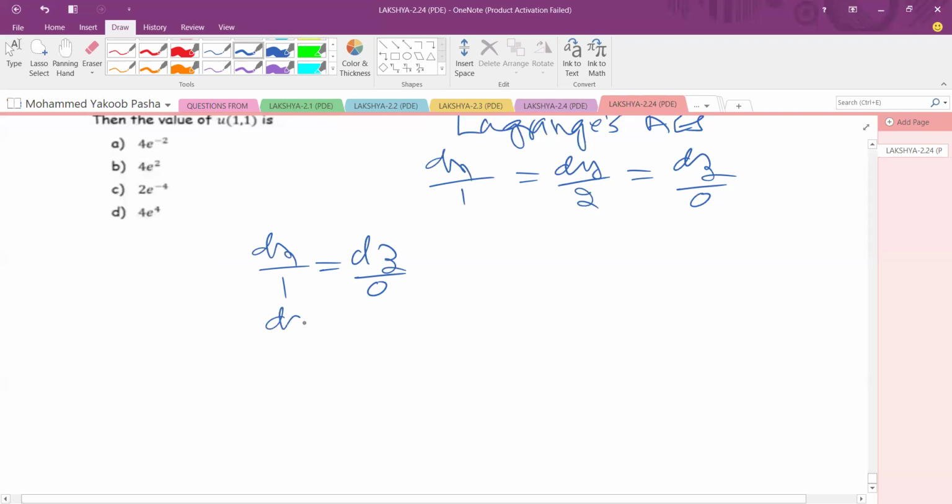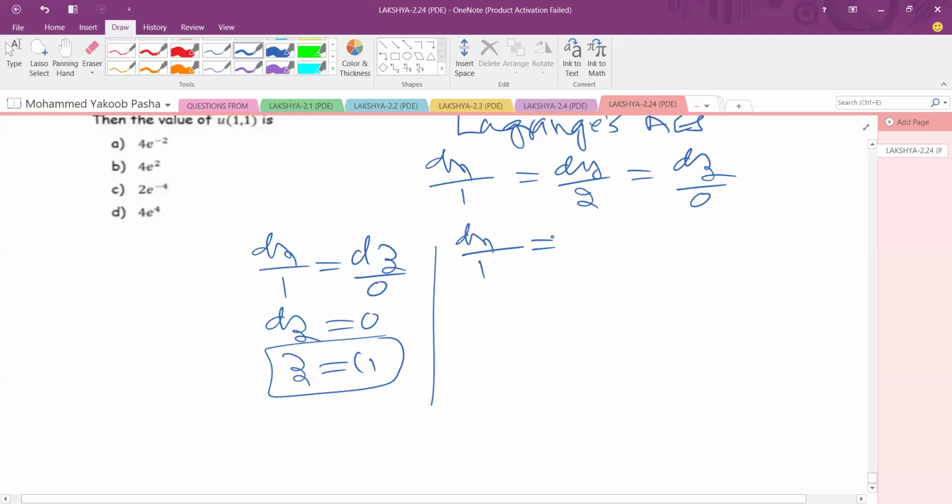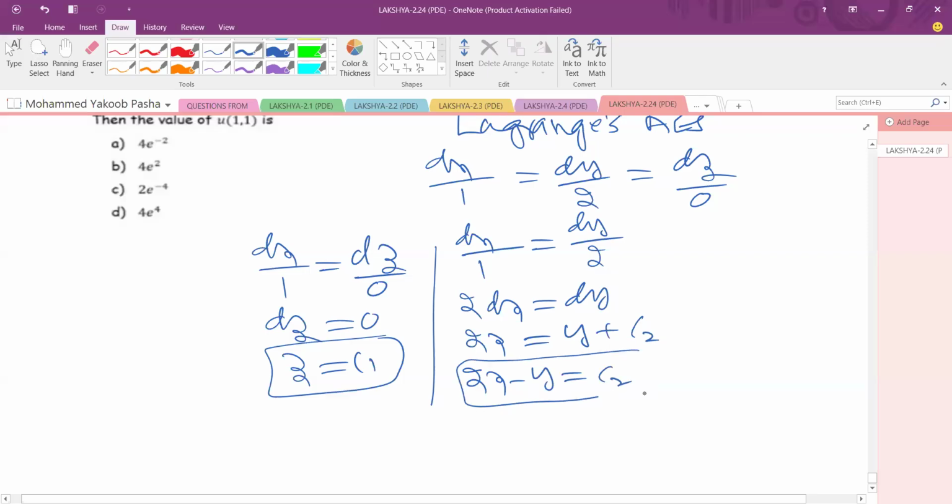From this, dz is equal to 0, which means z is equal to some constant. This is my first curve. Consider the second pair of equations: dx by 1 is equal to dy by 2, that is 2 dx is equal to dy. By integration, we get 2x is equal to y plus c2. In other words, 2x minus y is equal to c2, my second curve.